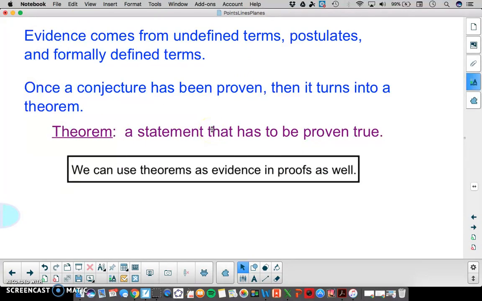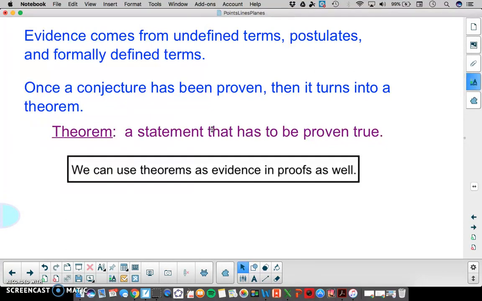Also building our logical arguments as we move past postulates are terms that are both undefined and defined. All of the evidence that we put in all of our proofs, whether they be paragraph, 2-column, or later on flowchart proofs, we get that evidence from undefined terms, postulates, and formally defined terms.